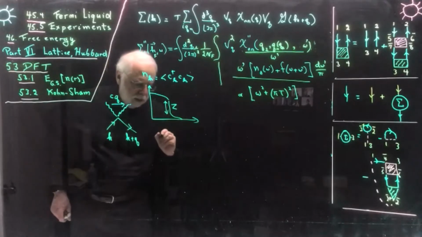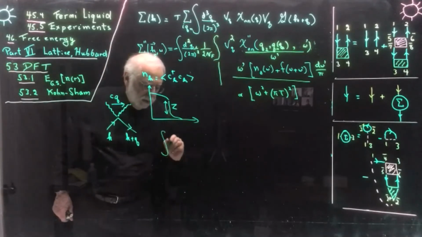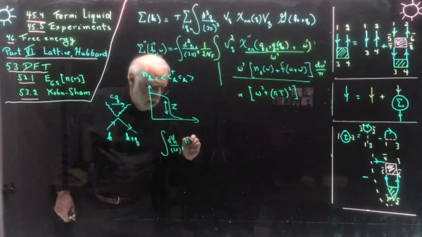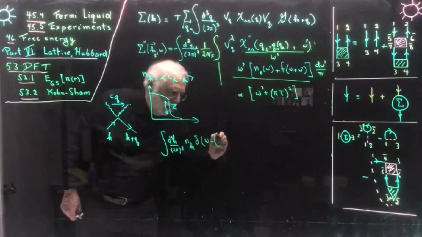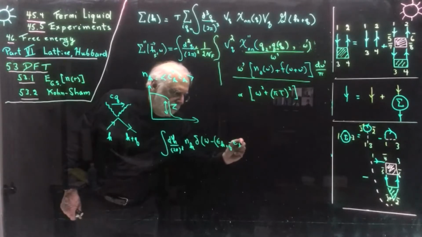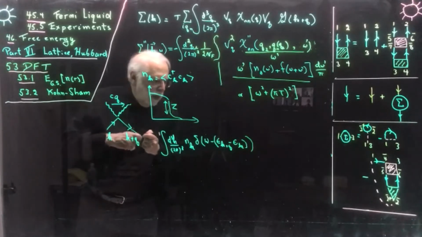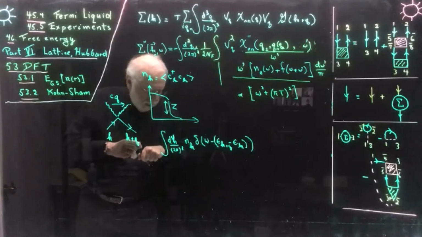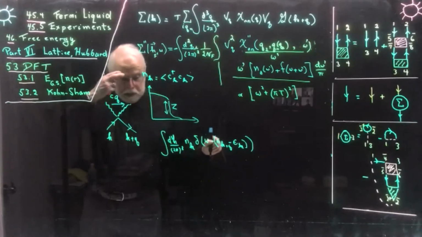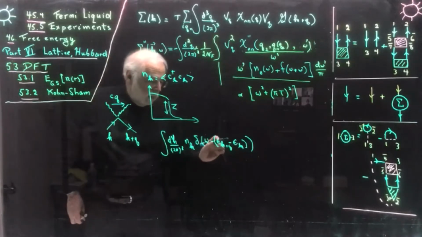In other words, the cross section will be proportional to the integral d cube K over 2 pi cube of n of K times delta of omega minus epsilon K plus Q minus epsilon K. So you can work out, I mean, I won't do it. Anyway, the results of the experiments are not so great, and I'm just working out all the details.